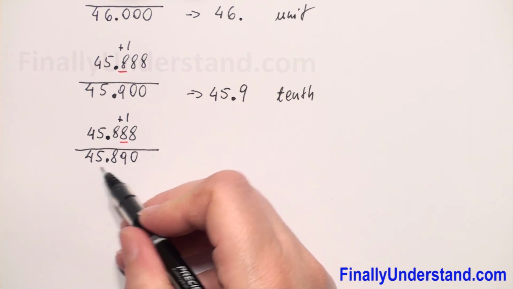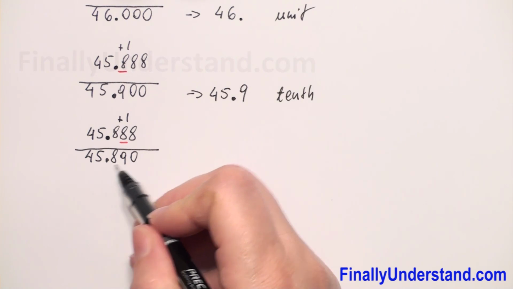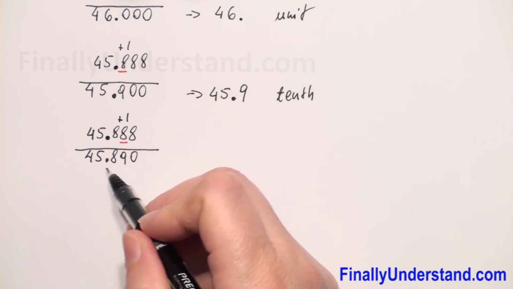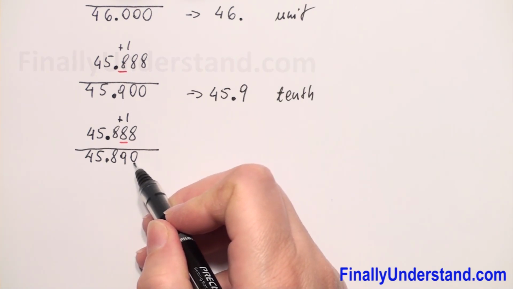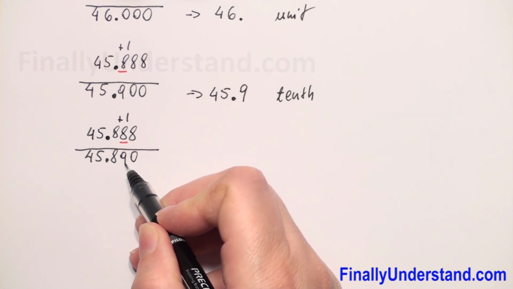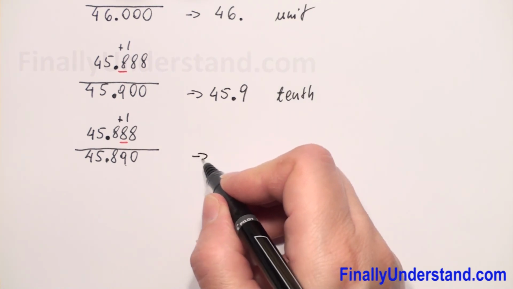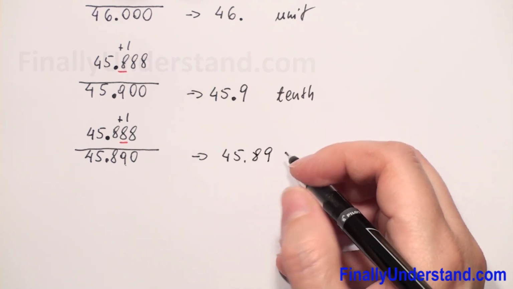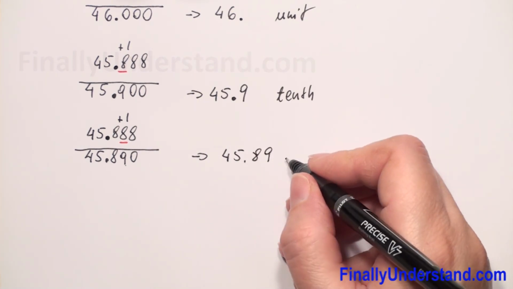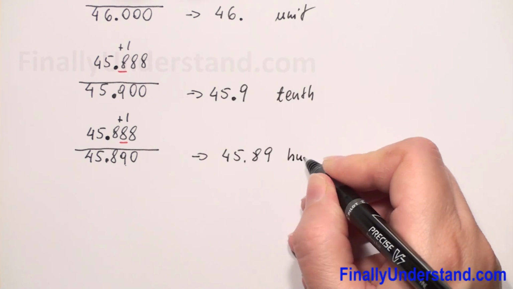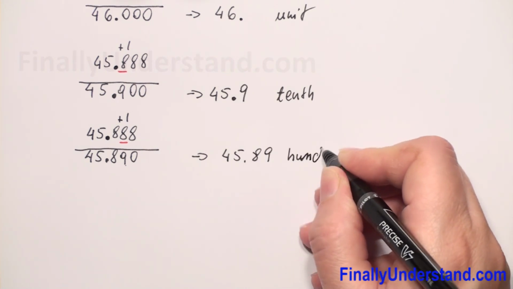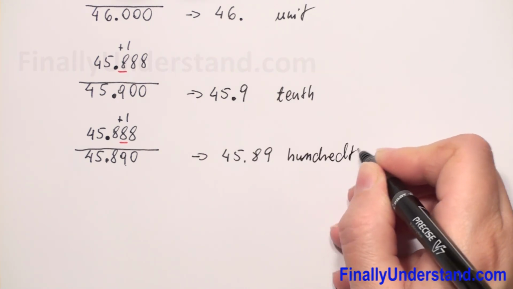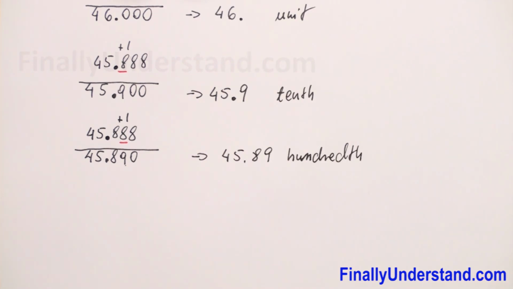And again, when we have a decimal number, we don't need to write the zeros after the last digit. So we can write that this is 45.89. This is rounding to the nearest hundredth. This is my solution.